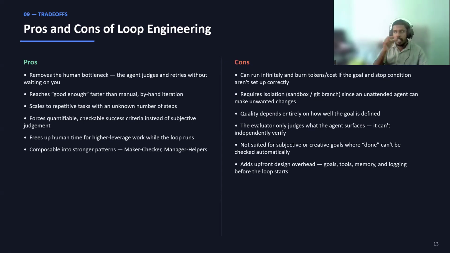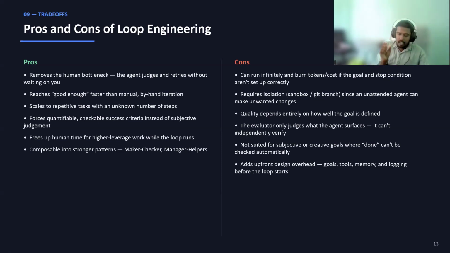Because as the graph shows, the quality of the content increases exponentially with the number of attempts. And it scales to repetitive tasks with an unknown number of steps.